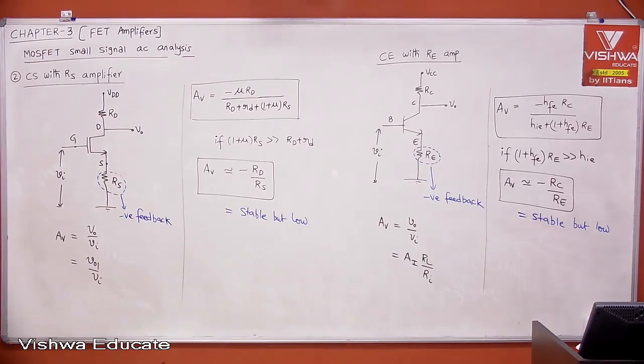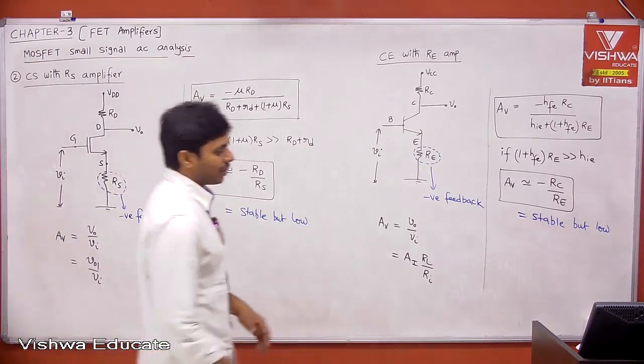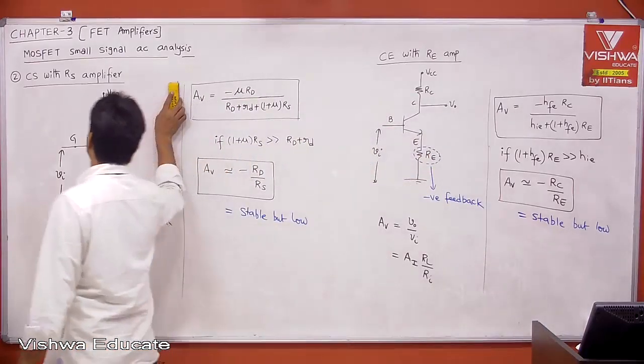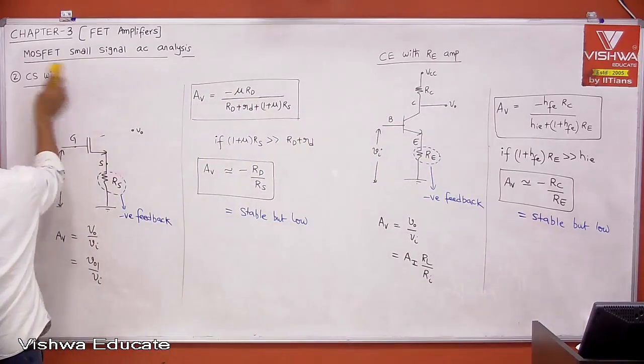Now write down the third one, CD amplifier. In the case of BJT, CC amplifier. In the case of MOSFET, CD amplifier.